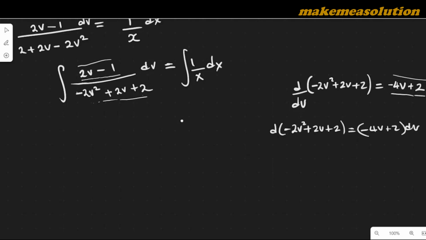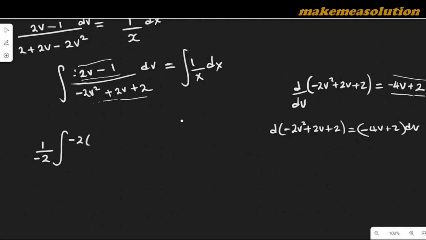So here is what we are going to do. To make this numerator be like minus 4v plus 2, all we needed to do was to multiply this numerator by minus 2. In multiplying by minus 2, I have to create a reciprocal, so that the minus 2 will cancel the effect of the minus 2 introduced, because minus 2 was not there initially.